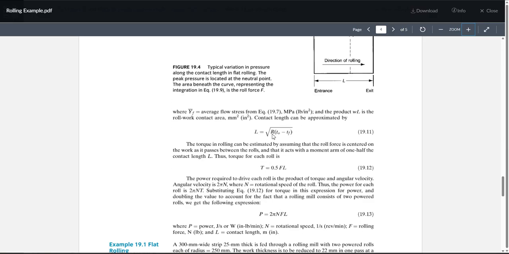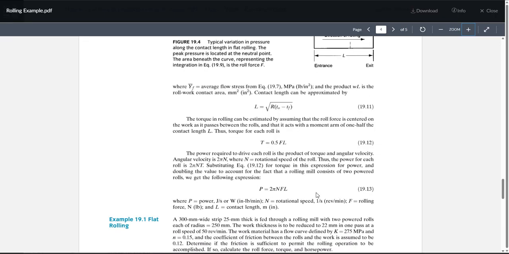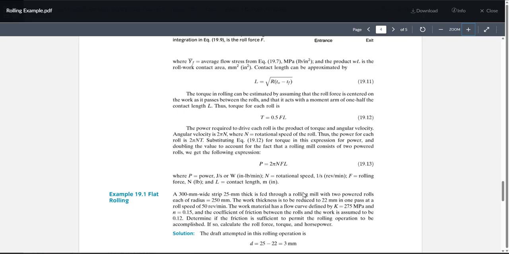So it's going to be the radius of the roller multiplied by the draft, under square root. We have an equation for the torque, and we have an equation for the power. So once again, that's another question, but again to use the PowerPoint to do the calculation. Just let me prepare the question on my PowerPoint.